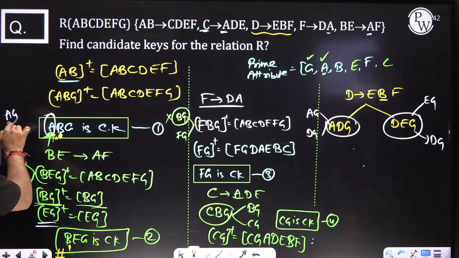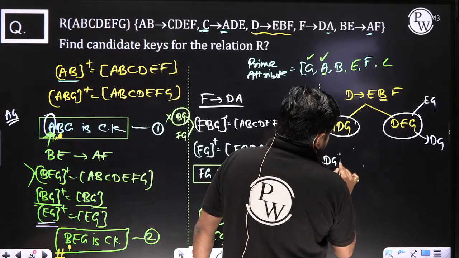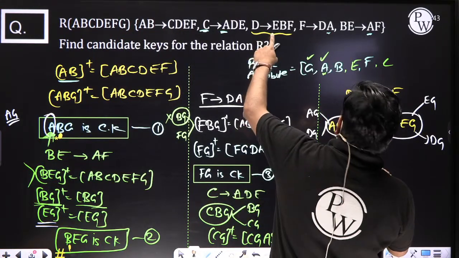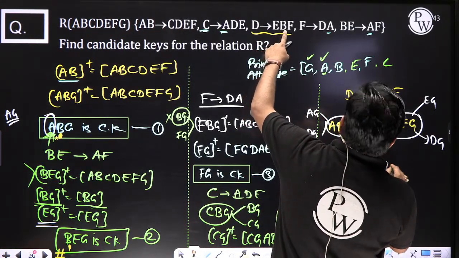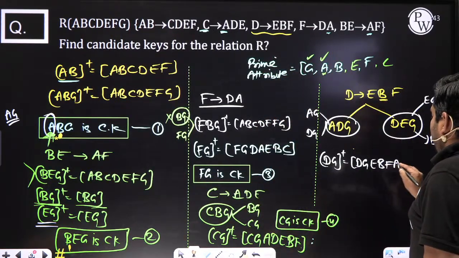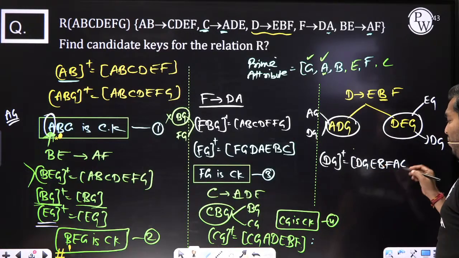AG is also not giving anything. We take the closure of DG. First of all DEG, and D determines F, and F determines A, AB determines C. A, B, C, D, E, F, G, we are getting all.